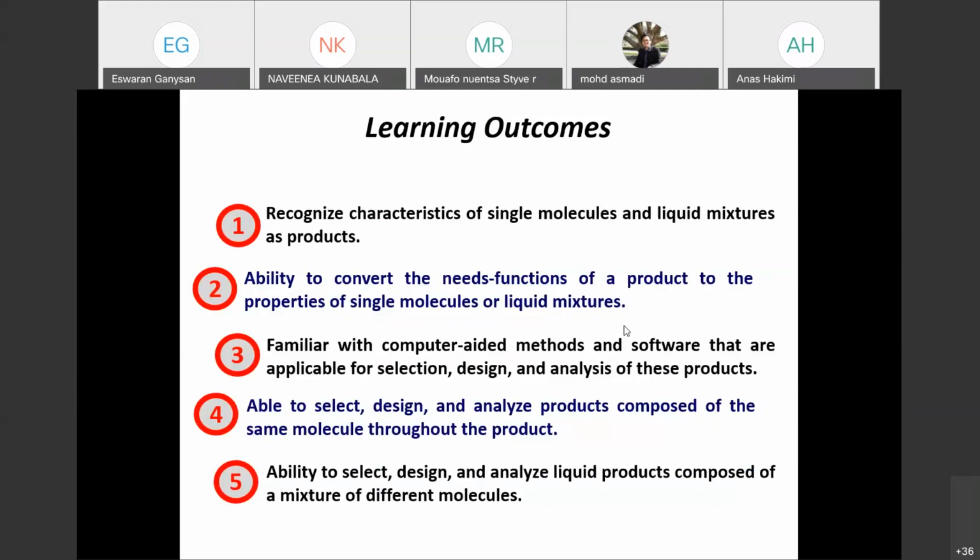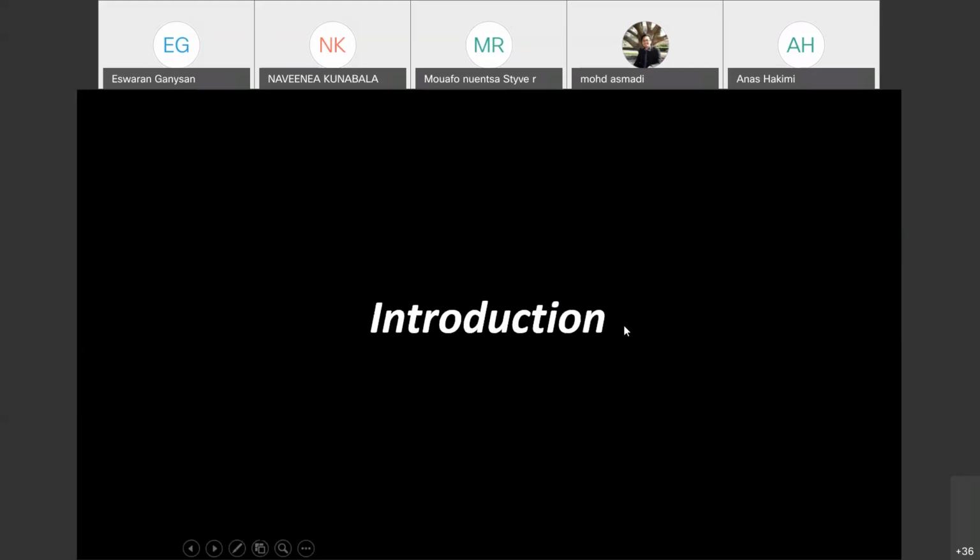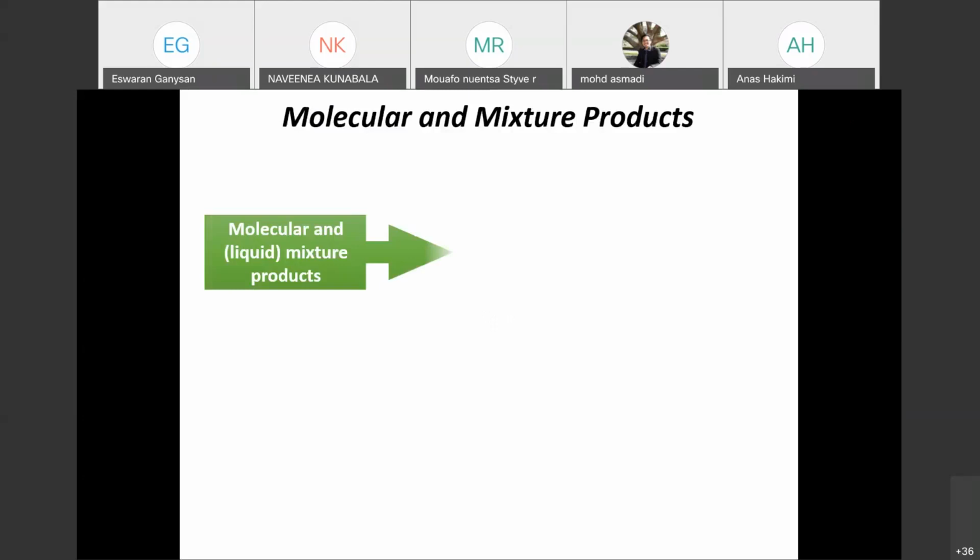If you remember in chapter one, the classification of products, the molecules and mixture products or liquids actually belong to the B2B type, or business to business type.